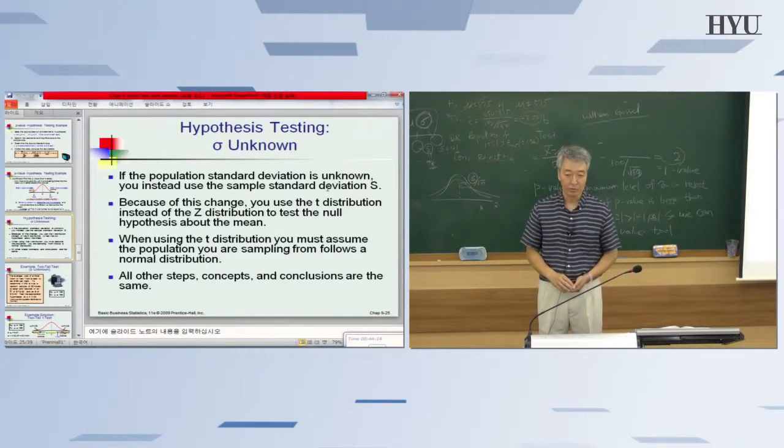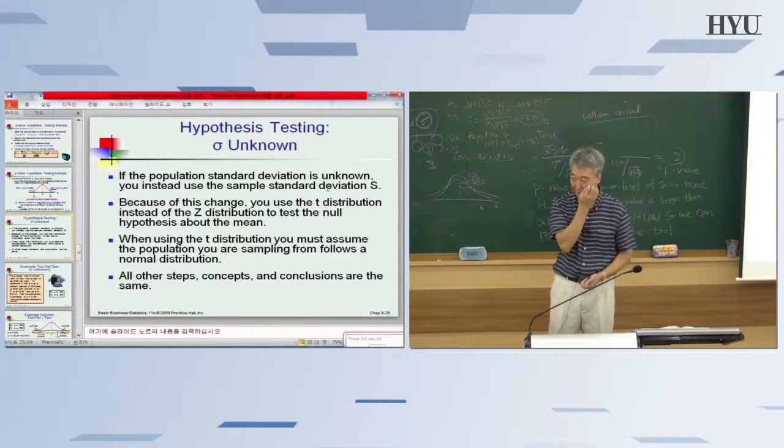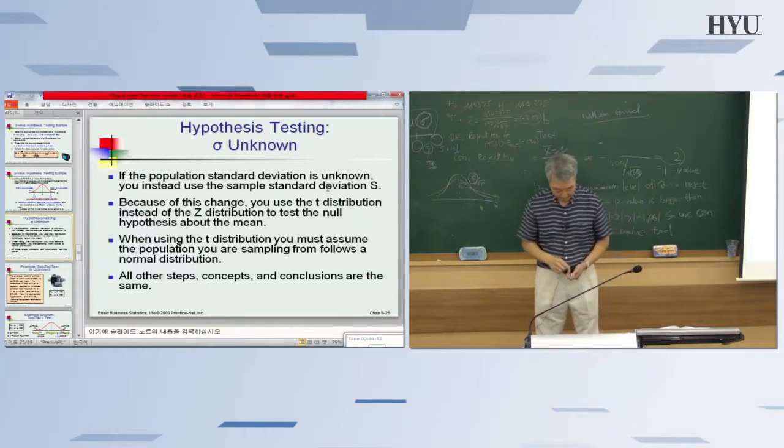Without the T distribution, today's statistics would not exist. That means today's science would be quite different. We wouldn't have this kind of advanced science.